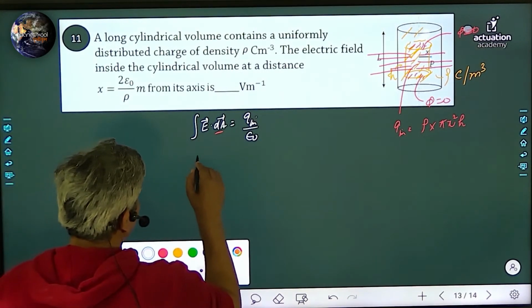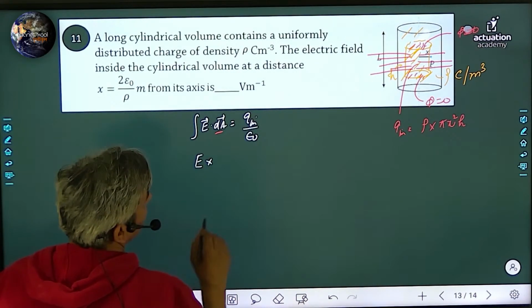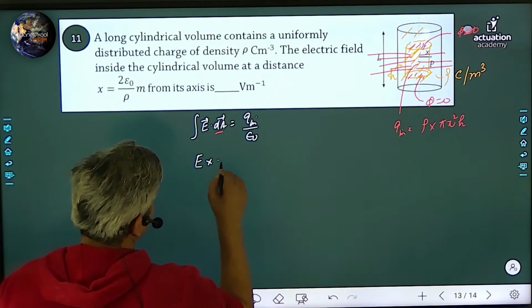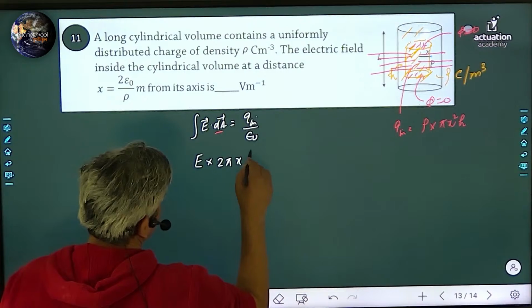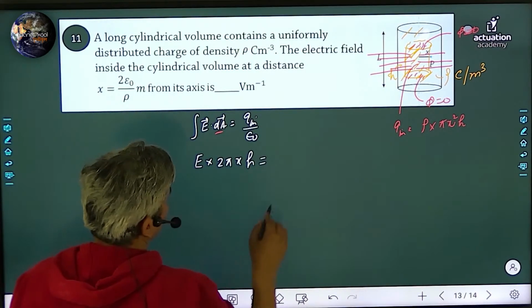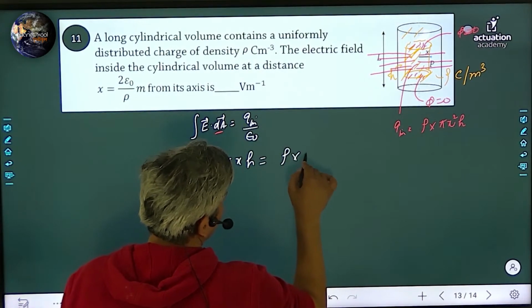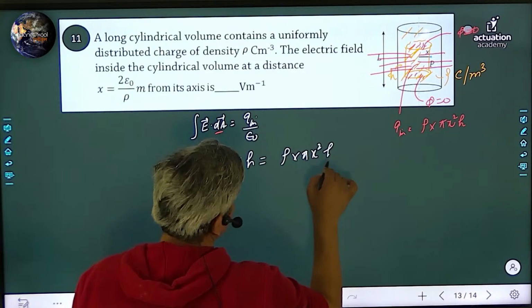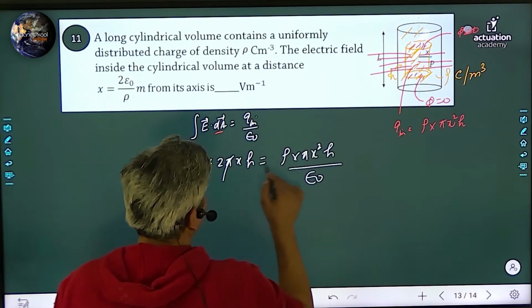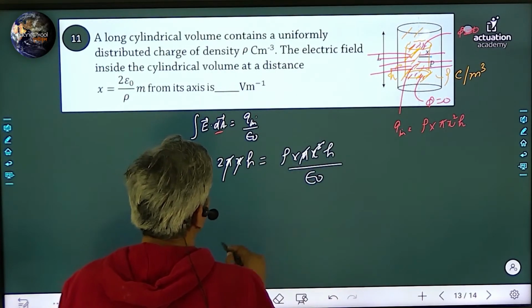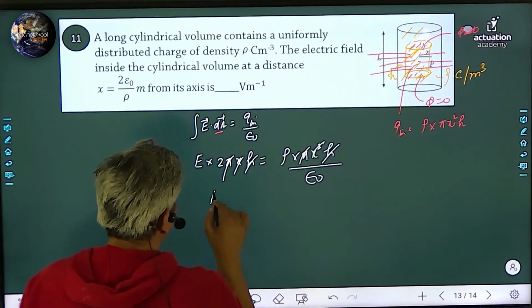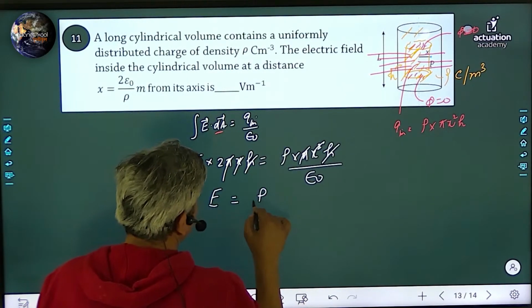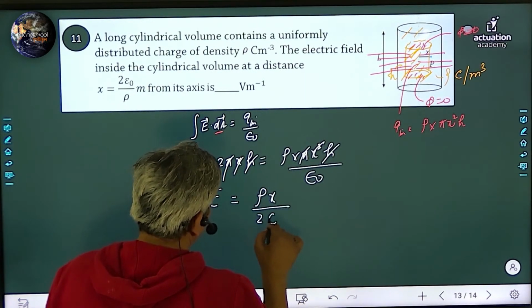So E into the surface area, which is 2 pi x h, will be equal to Q in, rho into pi x square h, by epsilon naught. Pi and pi will cancel out, x will cancel out, h will cancel out. E will become rho x by 2 epsilon naught.